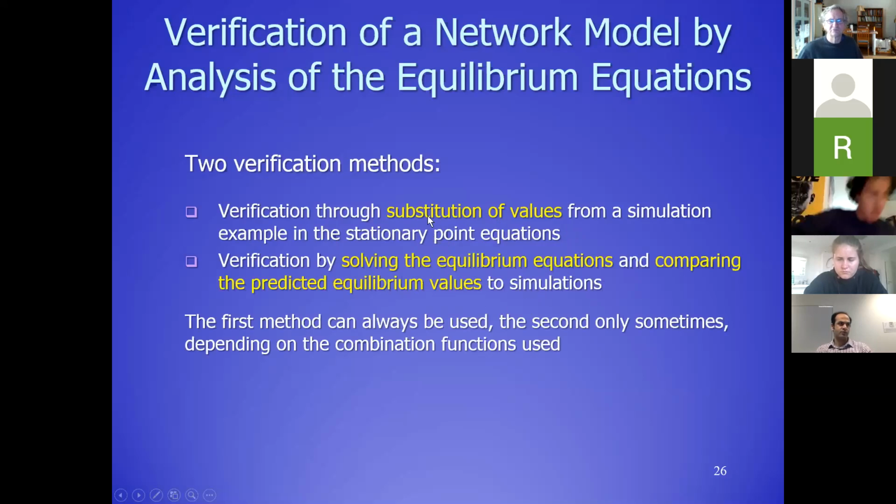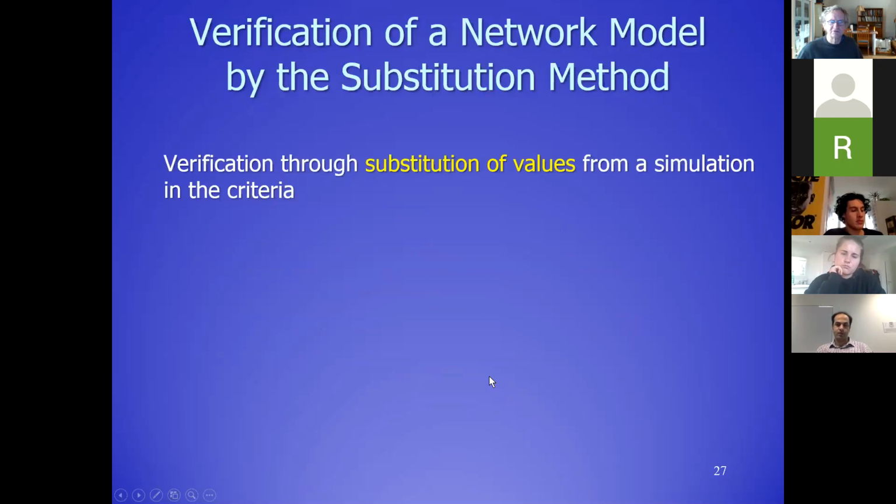The first one can always be done because you can always substitute values. The second one depends a bit on the type of function because not every function can be solved so easily. Like the logistic function is a bit difficult to handle in that way, but it still can be handled. So I will just show first the substitution one.